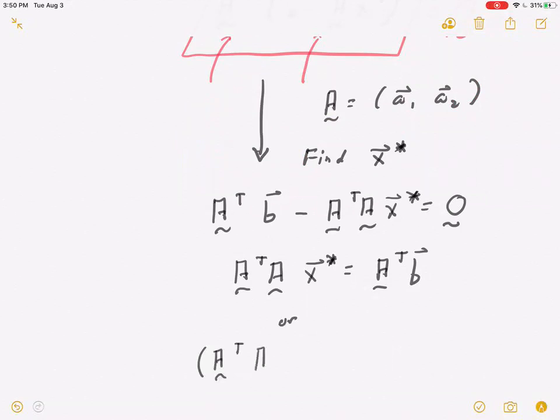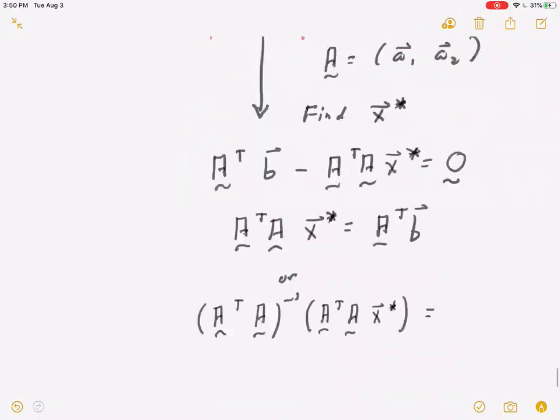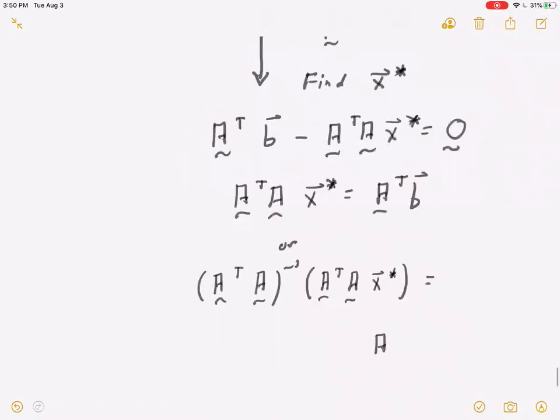So let's take the inverse of this quantity in parentheses and left multiply both sides of this equation by it. That's what I get on the left. And on the right, I must get this.